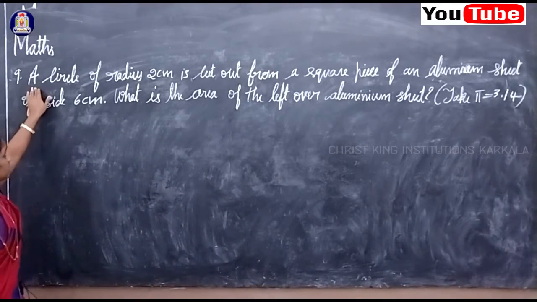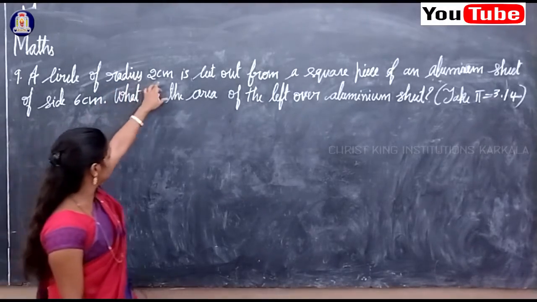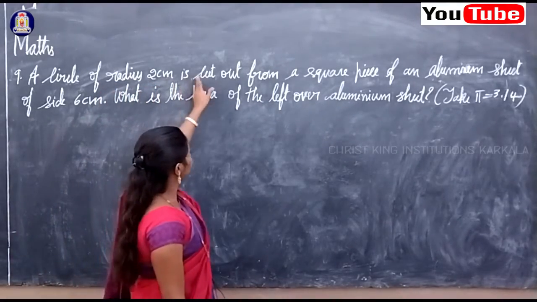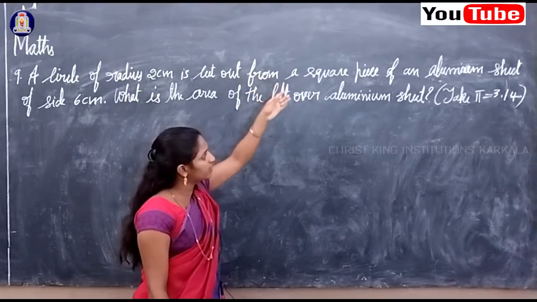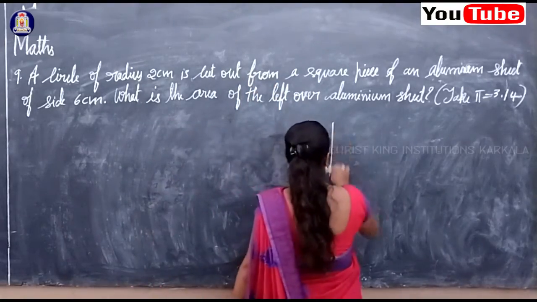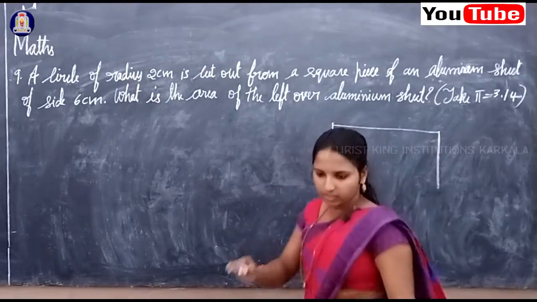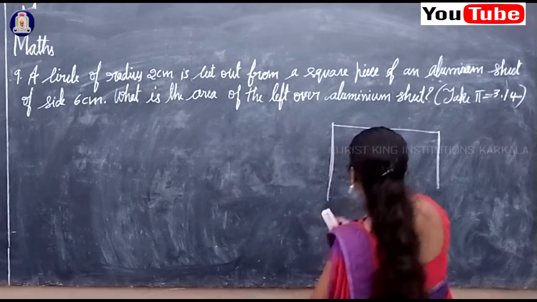A circle of radius 2 centimeters is cut out from a square piece of aluminium sheet. Clear? So now you have to imagine, or draw, one square shape.